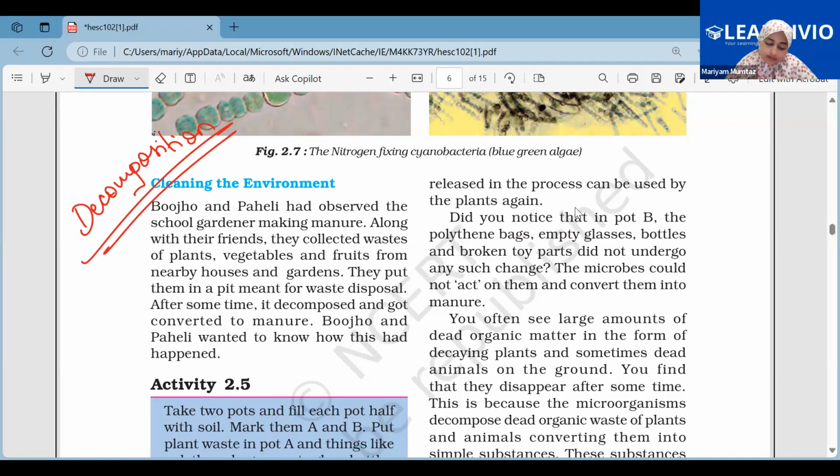It's like removing all the bad waste materials, so decomposing it. Okay, who removes it? The good bacteria, not just bacteria but also microorganisms.